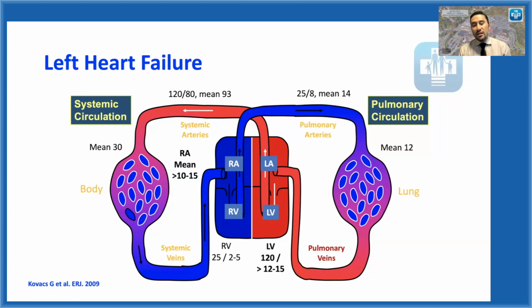Otherwise, it's not going to work for the patient. But as you would imagine, a rise in the pressure here will result in a lot of strain on the right ventricle, and then the right ventricle swells.